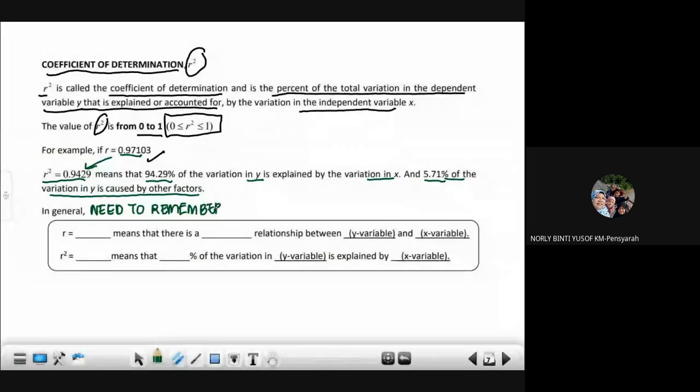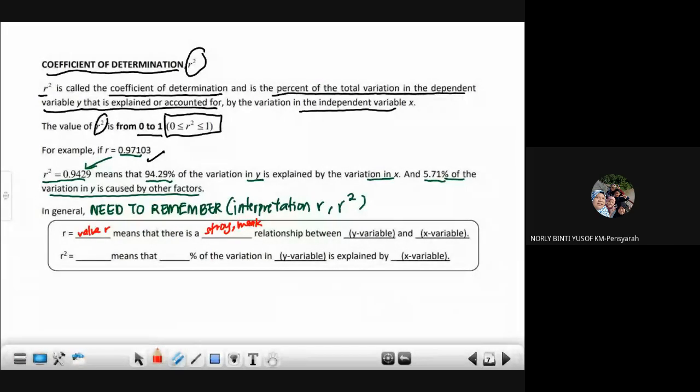So need to remember for the interpretation R dan juga R squared. Wajiblah ingat ni kan. So bila dia suruh interpret, dia dah suruh kira R, dia suruh interpret R. So nanti nilai yang you kira tu you masukkan dalam ni. Ini adalah value R. Means that there is what? Is strong ke? Weak ke?